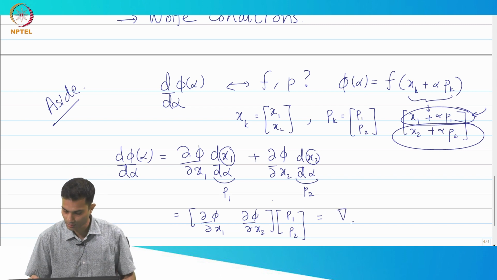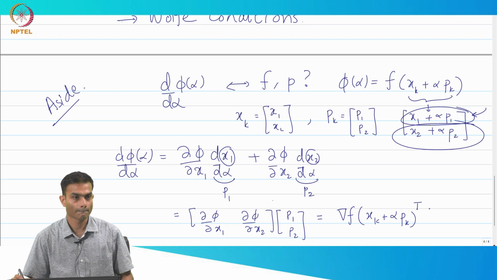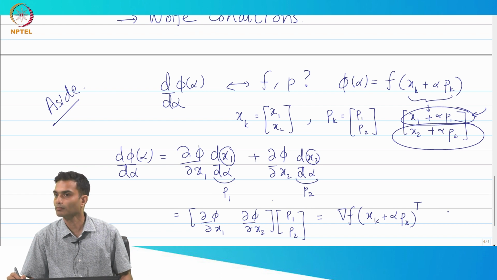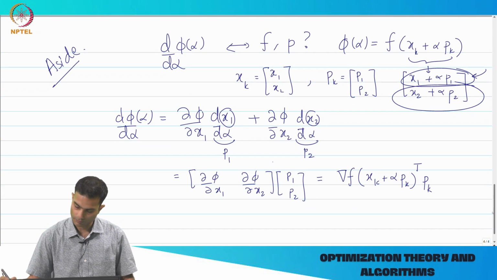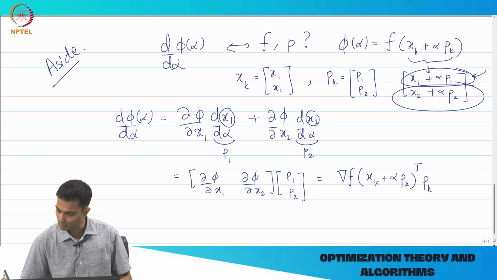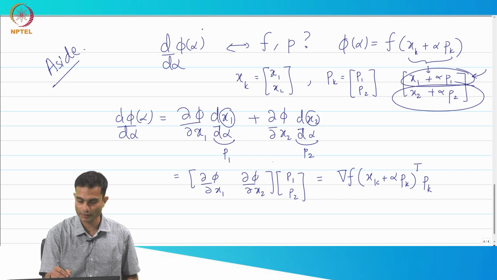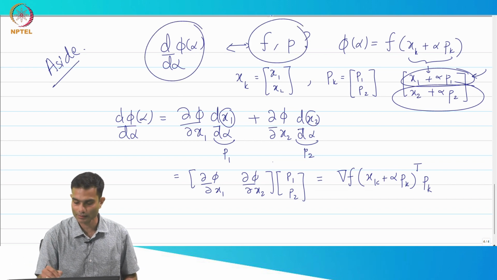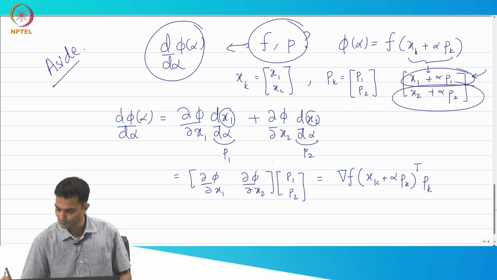So this is going to be grad f of xk plus alpha pk transpose multiplied by, what is P1, P2? Pk. Okay. So this is a small result that we will use, because it's giving us the relation between d phi by d alpha and the stuff it is made of, which is f and p basically.